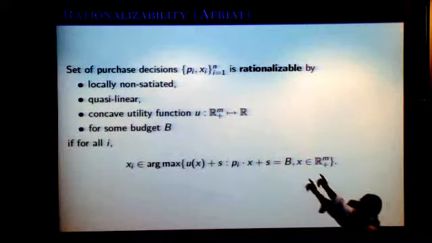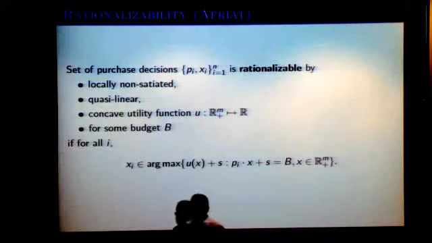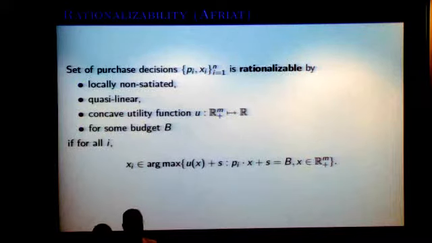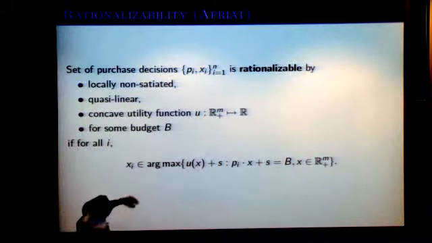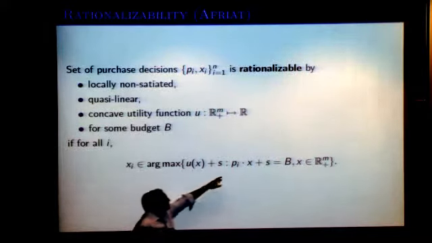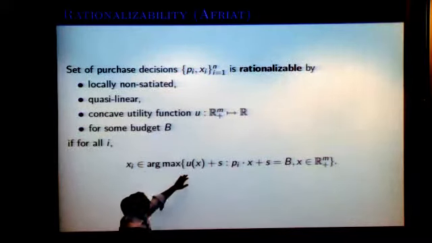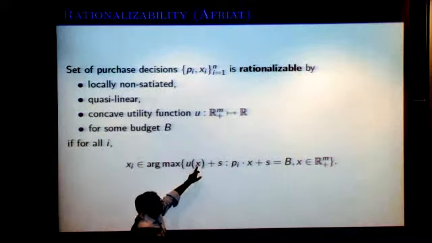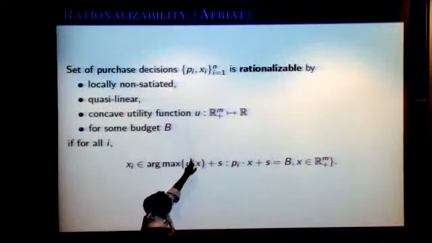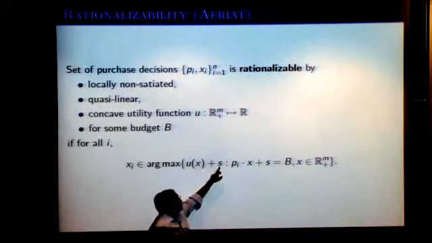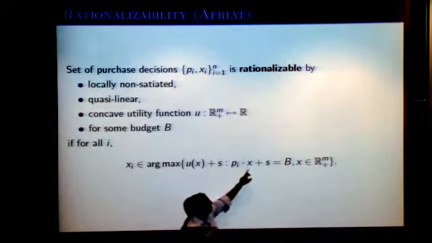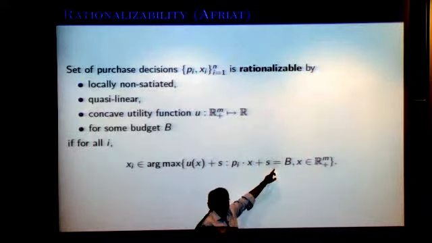I want to know whether those observations are consistent with the following: that the agent has a concave utility function which is quasi-linear and locally non-satiated, so that what they purchased at a particular price is a solution to this optimization problem. Now, what is this optimization problem? It's pick the bundle X that maximizes your utility plus the amount of money left over subject to your budget constraint.